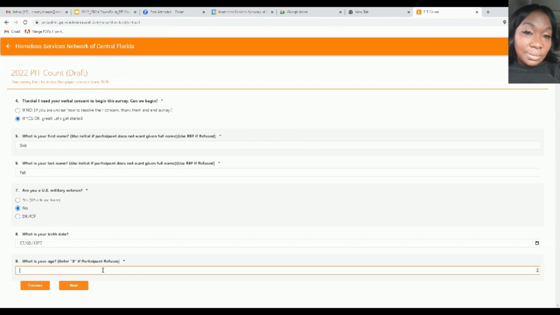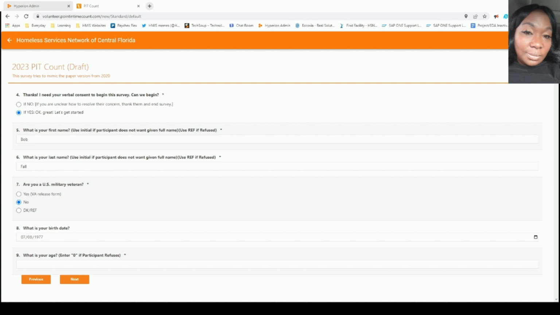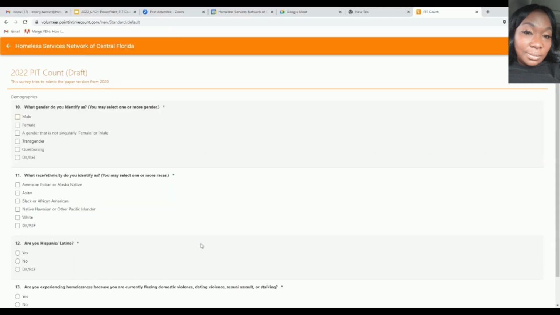So please note that when you come to the age question, if you find that there is a youth 18 to 24, there will be some additional questions at the end of the survey. And then you want to make sure in the demographic section that you're asking this question specifically. What gender do you identify as?